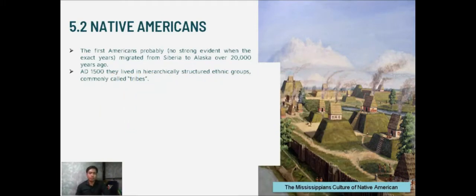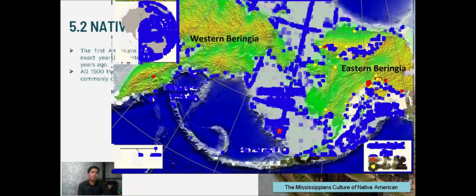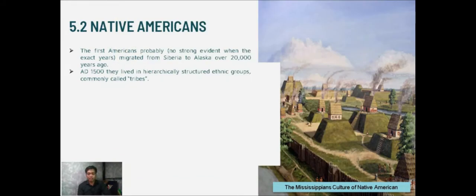By 15,000 years ago, humans had reached nearly the tip of South America and had moved deep into the continent. By 10,000 years ago, global temperature began to rise as the ice caps melted, sea levels rose, and the Bering Land Bridge was submerged beneath the sea.